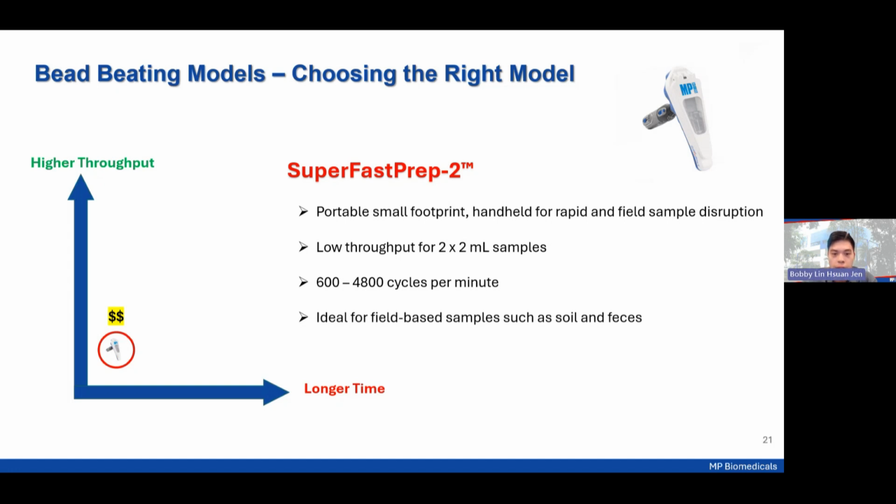For this, it's a lower throughput, but a portable device that you're able to take into the field and quickly conduct sample preparation if DNA or RNA is something that you have to achieve quickly in the field. The cycle time starts from 600 to 4,800 cycles per minute, and it's also ideal for field-based samples, mainly for soil and feces.